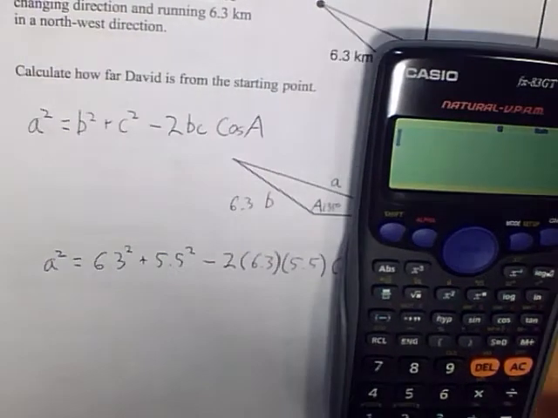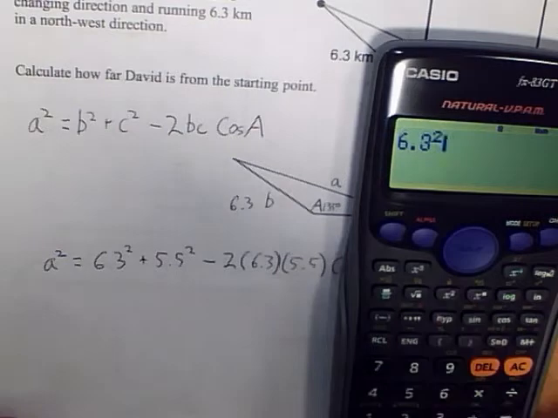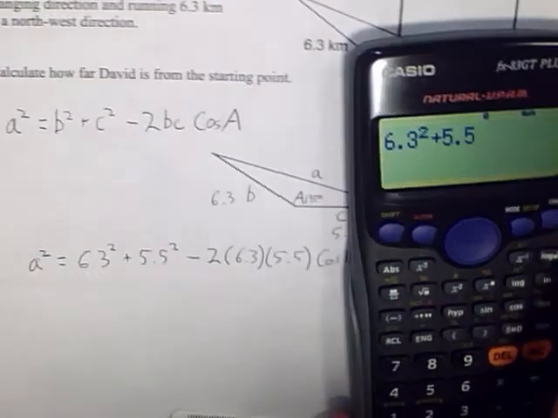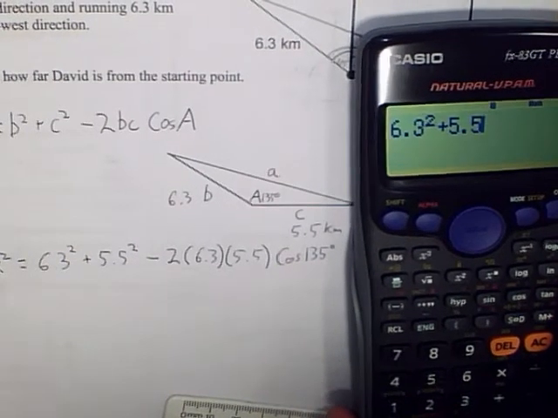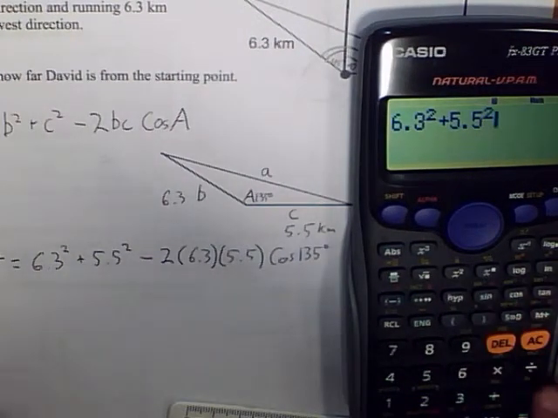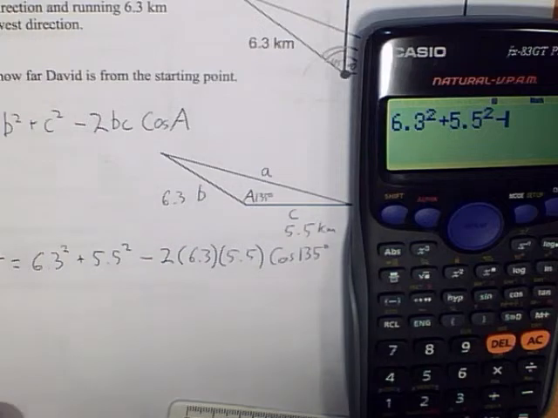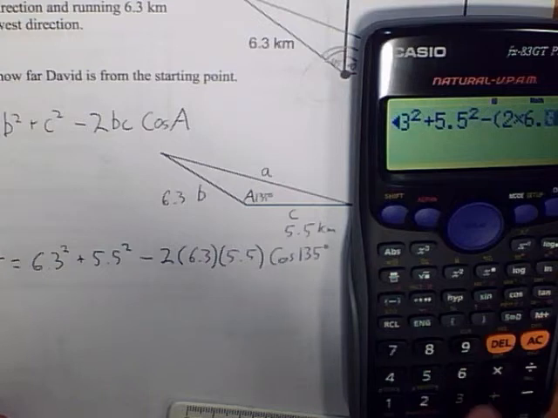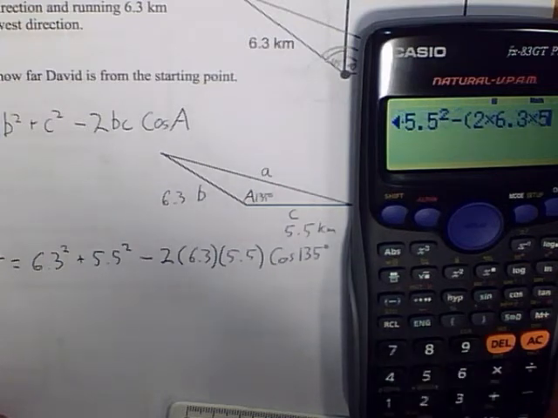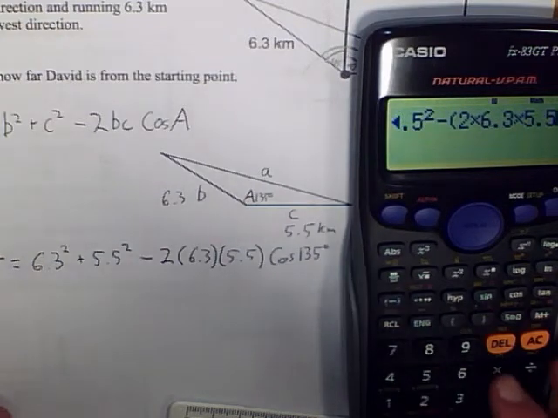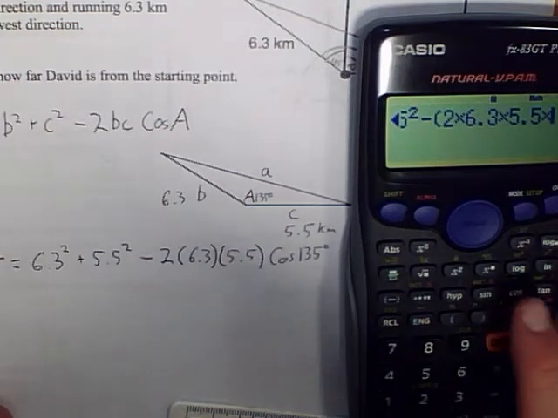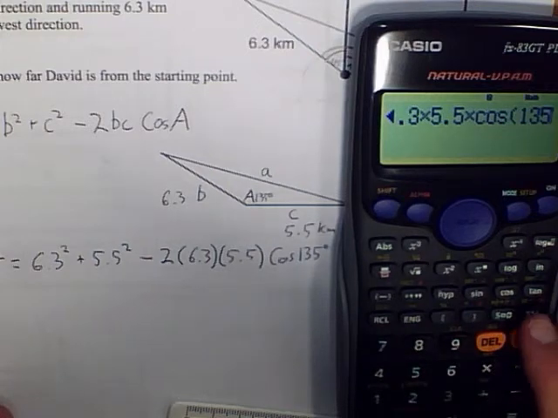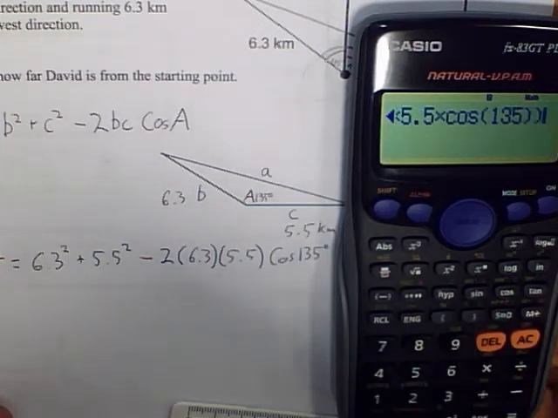So I want 6.3 squared plus 5.5 squared minus, now careful, I want this all multiplied together, so minus, I'm going to do 2 times 6.3 times 5.5 times cos 135, and I'm going to close the brackets on that.